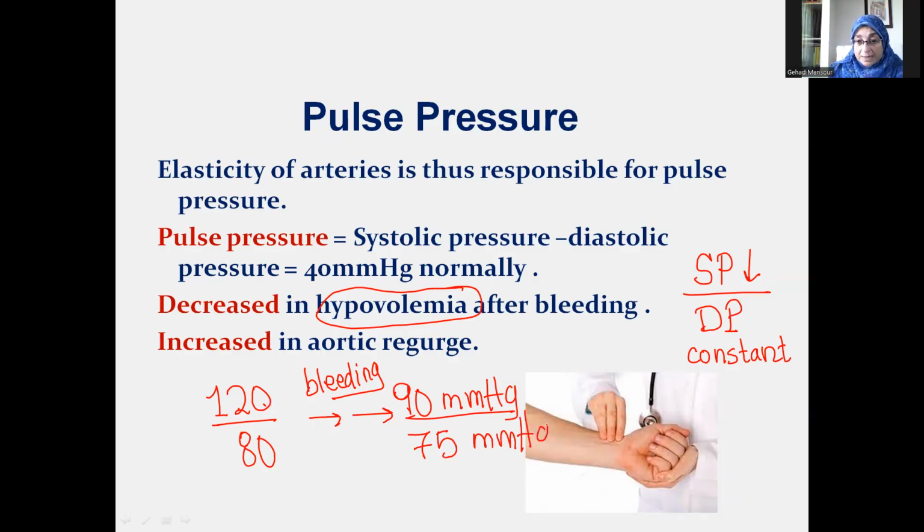And this makes the pulse pressure here 40, 120 minus 80, but the pulse pressure here is 50.